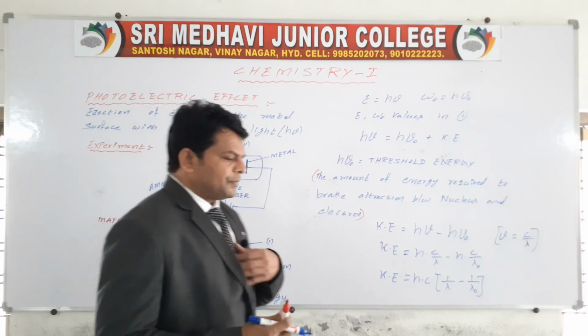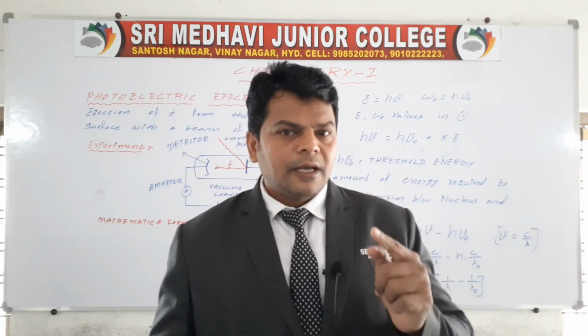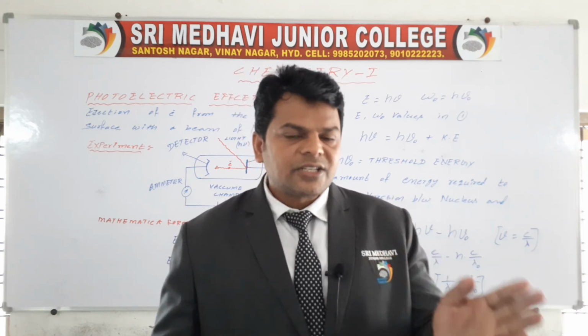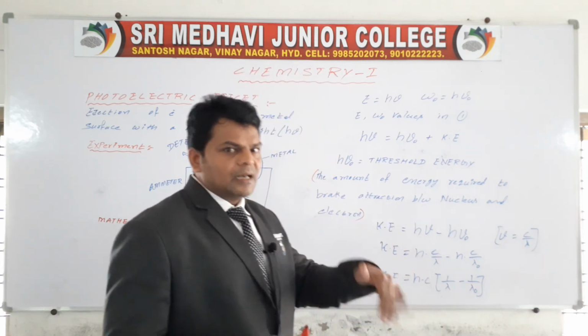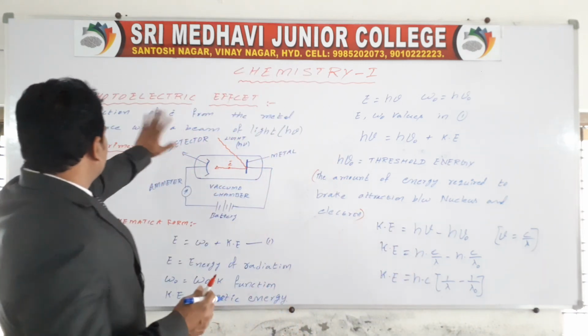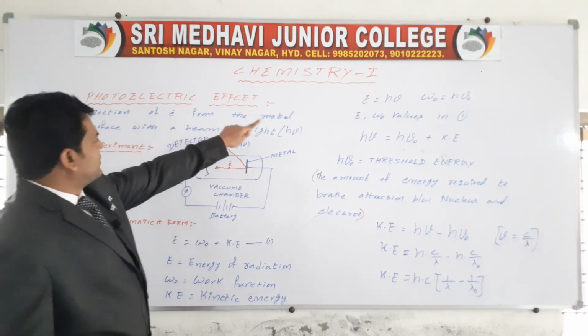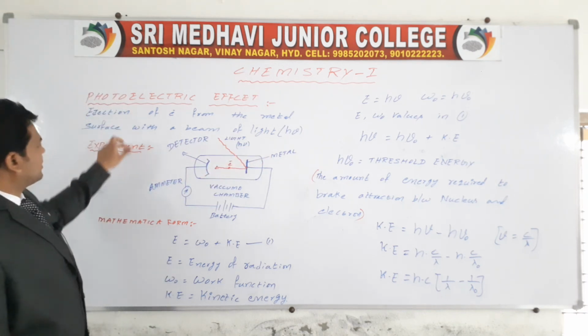Nu is the frequency, nu naught is the threshold frequency, then only ejection of electrons can take place from the metal surface. So this is photoelectric effect. Ejection of electrons from the metal surface with a beam of light is called photoelectric effect.